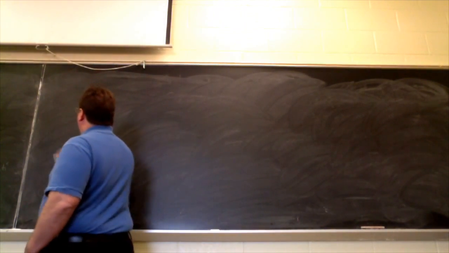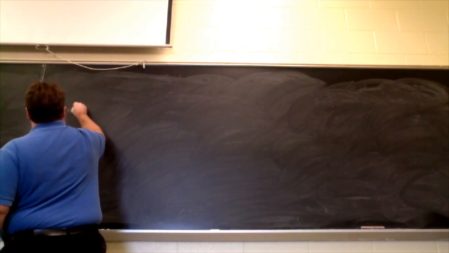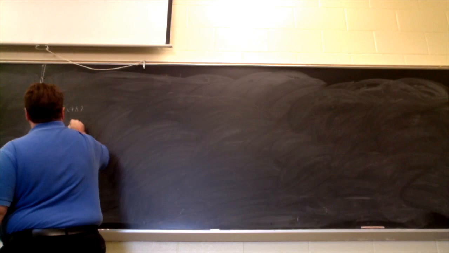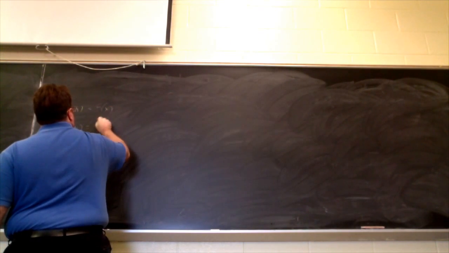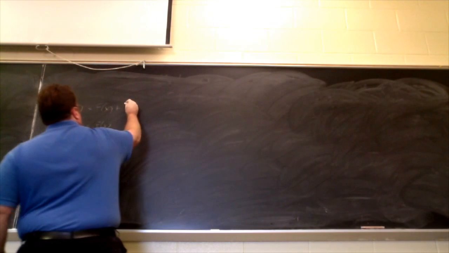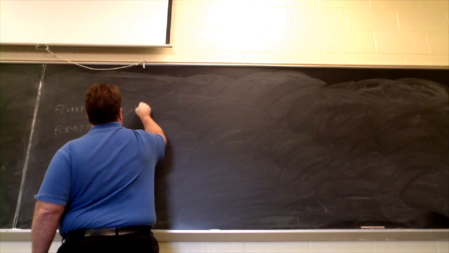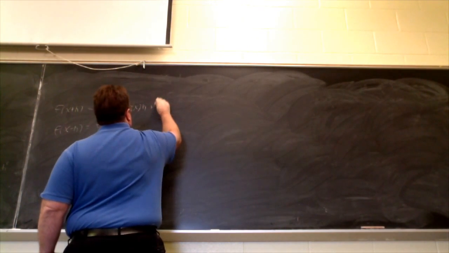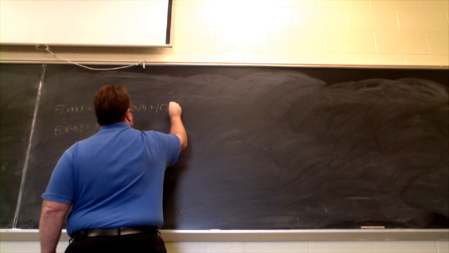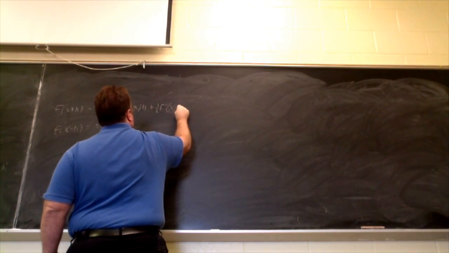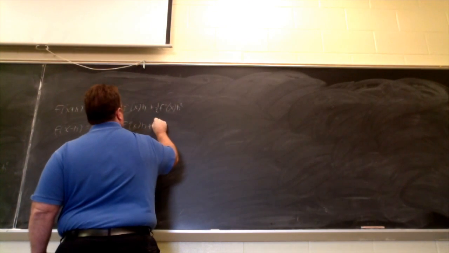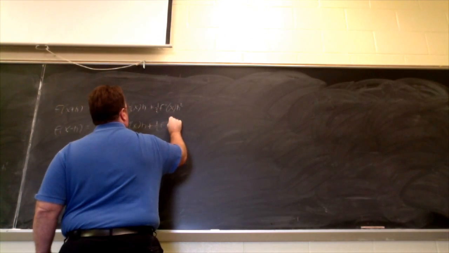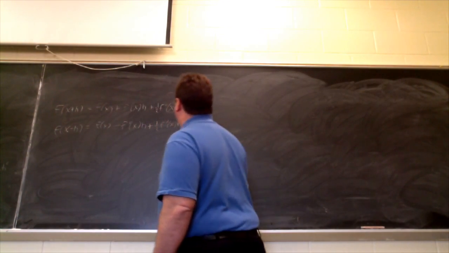If you look at f of x plus h and f of x minus h, with x plus f prime of x h plus 1/2 f double prime x h squared. Here we have minus f prime of x h. So it really is replacing h by minus h in the second case.